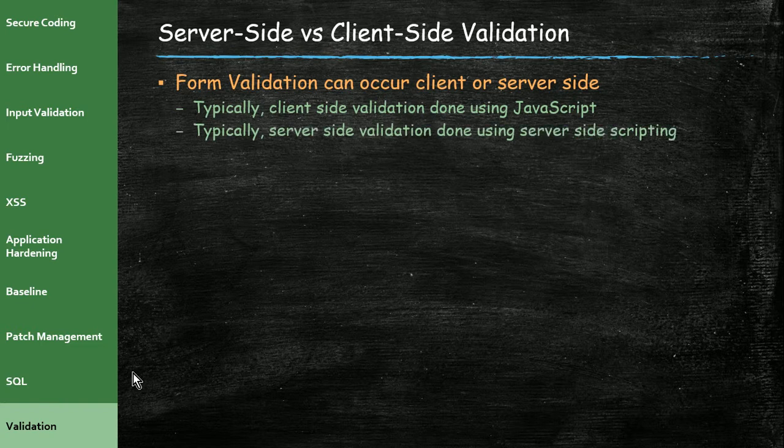And then you usually have some kind of server-side validation, which is done using server-side scripting. Examples of server-side scripting languages would be PHP, ASP.NET, Java, Ruby, Node.js, et cetera, and there are many more, like ColdFusion and things like that.